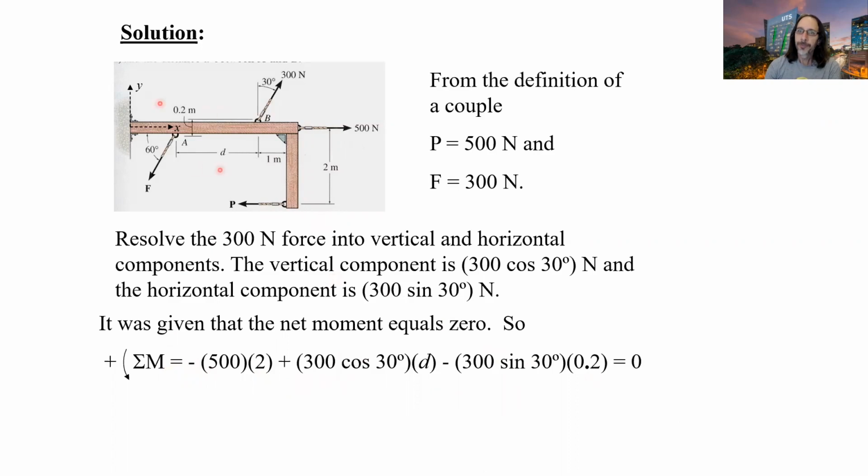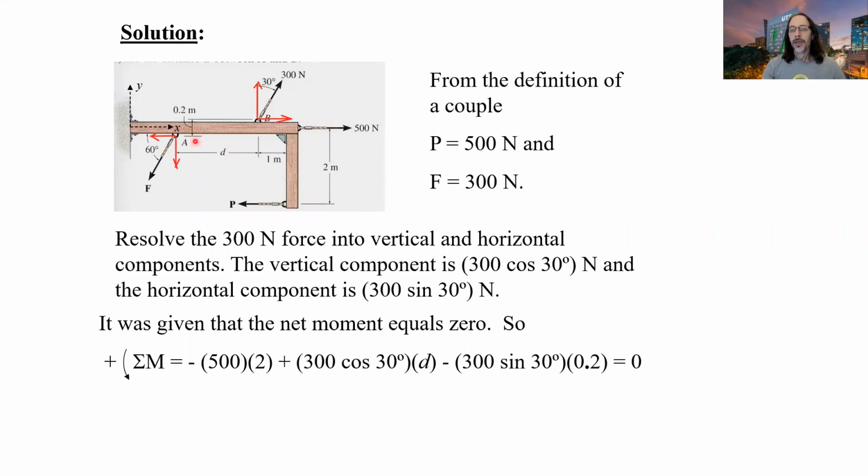Here, instead of treating this as just one couple, what we've done is to treat it as two couples. So we've got that force, which is our horizontal component that we calculated here, and we've got one up here. And then this same magnitude force of 300 resolves into a component there and a component like that.